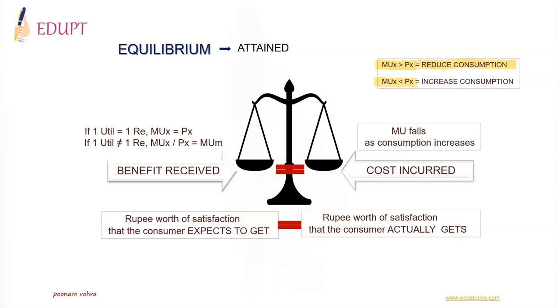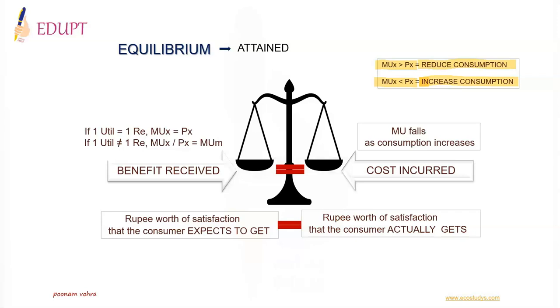But if benefit that the consumer gets or marginal utility is less as compared to the price he has to pay, then utility increases, consumption has to be increased in order to attain equilibrium. It implies that to attain equilibrium, adjustments need to be made. Also, following conditions need to be met.